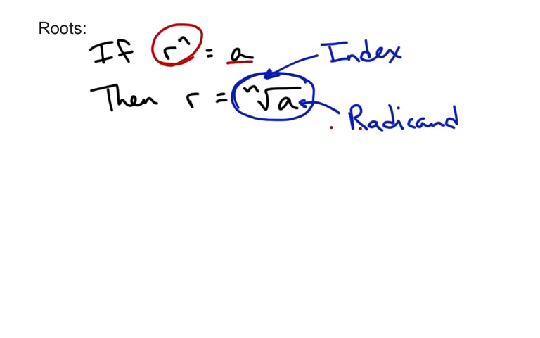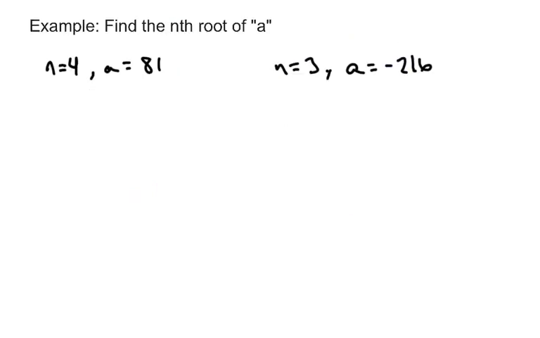And what it means, if we have the fifth root of x equals, how about 12? Then what that means is 12 to the fifth power is equal to x, because these are going to be inverses of each other.